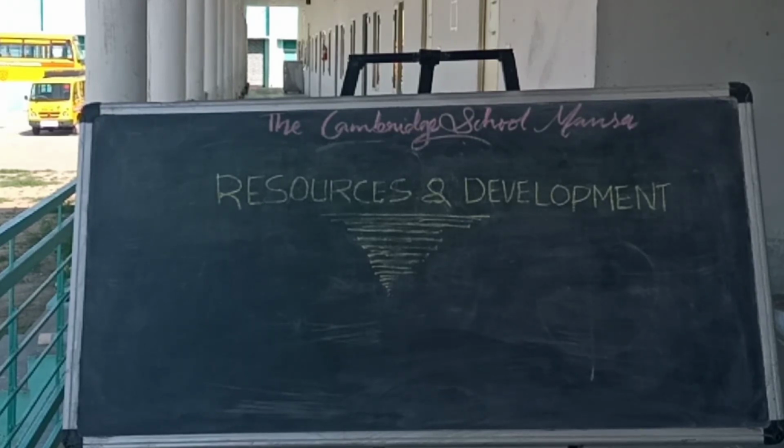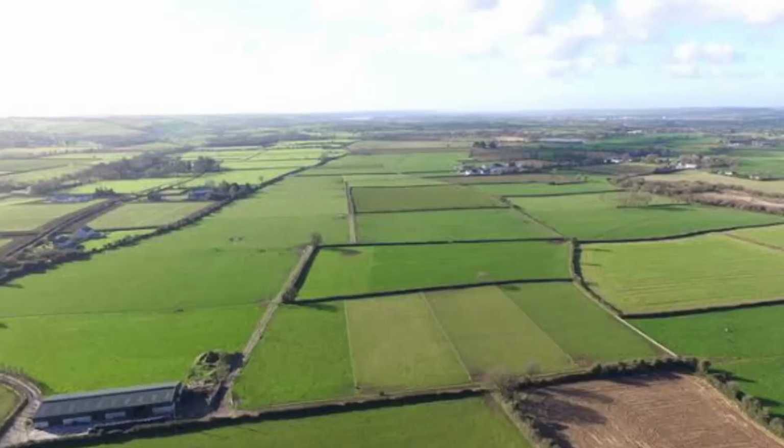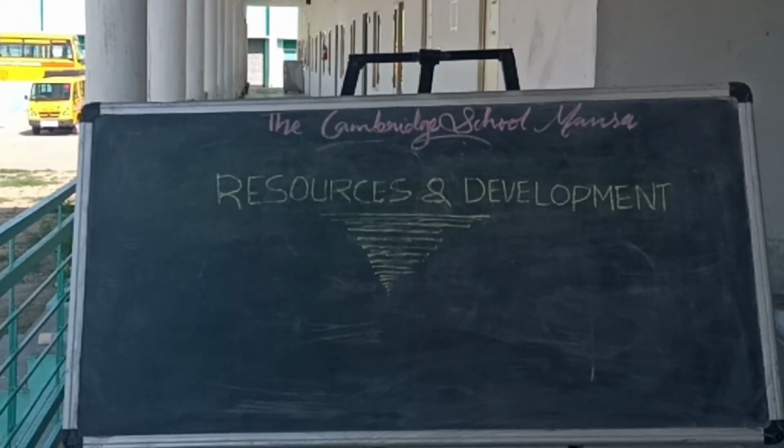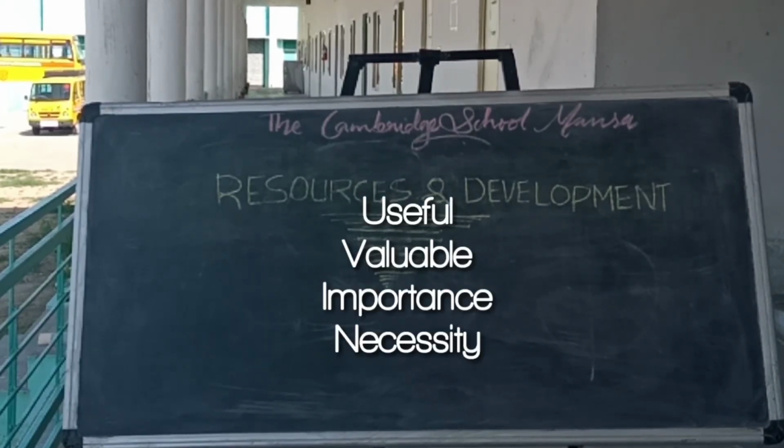For example, the sun, the land, the water, the rock and the minerals. There is no life in these at all, but at the same time they are resources. Why? Because resources means the things which are useful, valuable, important and necessary for us.